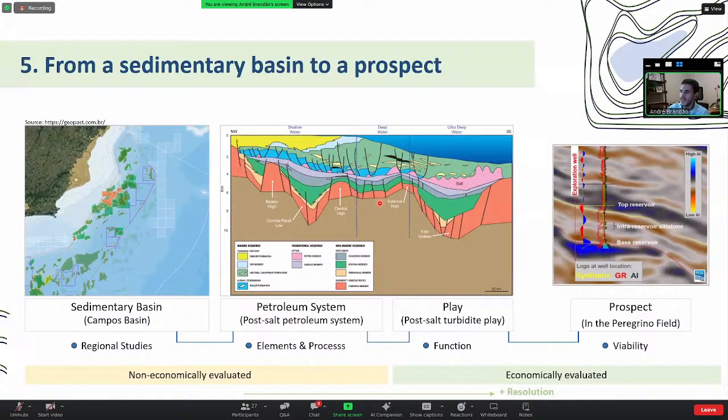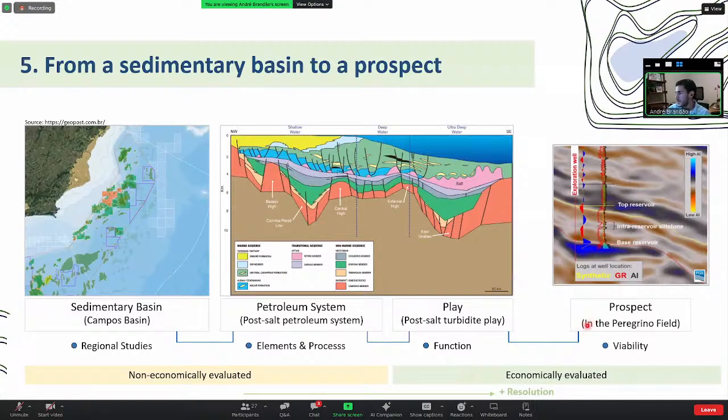You know all the elements that are necessary so you can have that oil and gas accumulation. And if we again go to even higher resolution and reduce the scale of your studies, you'll be able to have a play, which is a promising area within the petroleum system. In this case, it is a post-salt turbidite play, and you start to know if this exploration is economically valuable.